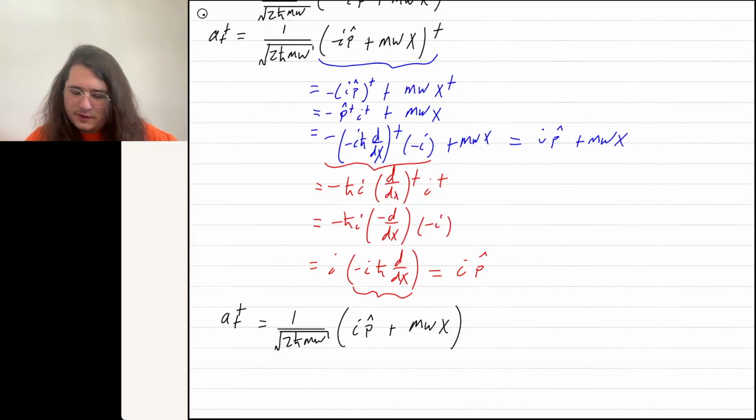Right. And so this is also the definition of the lowering operator. So that kind of makes sense, that the conjugate of the raising operator is the lowering operator. So I think everything turned out pretty nice. All right.